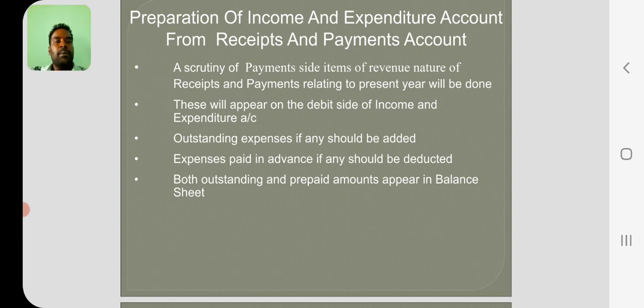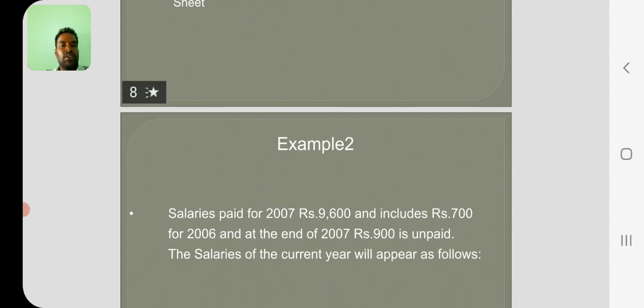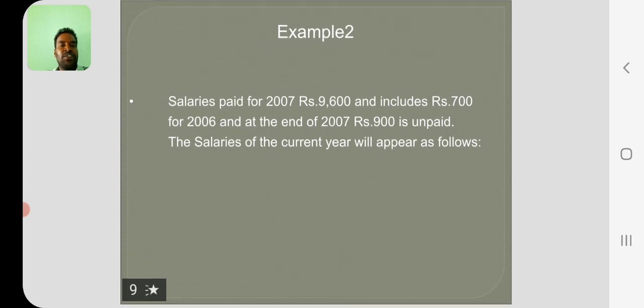Next, preparation of income and expenditure account from the receipts and payments account. See here example 2. Salaries paid for 2007 rupees 9600, and it includes 700 of 2006, and at the end of 2007 900 is unpaid.